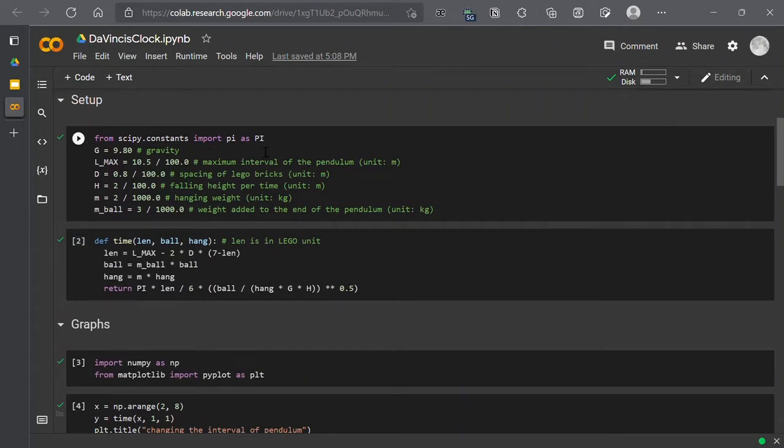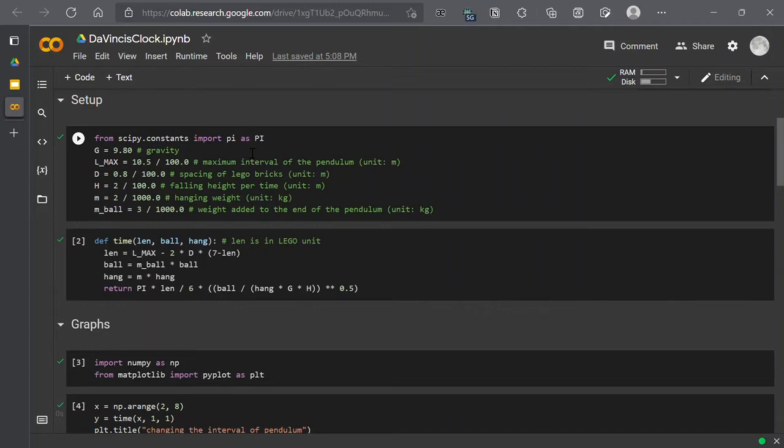The first cell is some variables we use, like pi is for pi and g for gravity. Lmax is the maximum interval of the pendulum. B is the spacing of Lego brick. It's very close to one Lego unit, but not exactly the same.